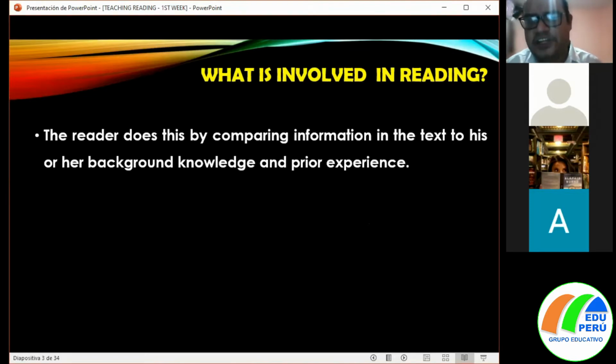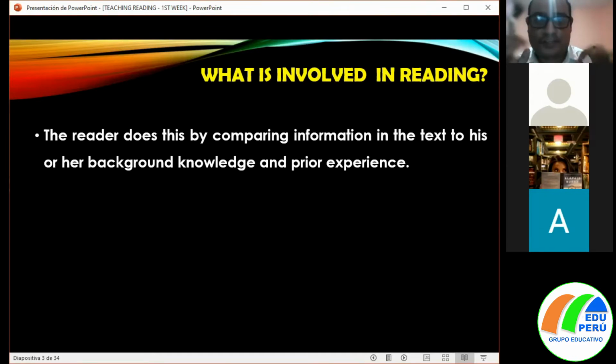First, the reader does this by comparing information in the text to his or her background knowledge and prior experience. This is what I told you a few minutes ago, because when we talked about the process of reading, when you read a text, a paper, a book, it's not only that.